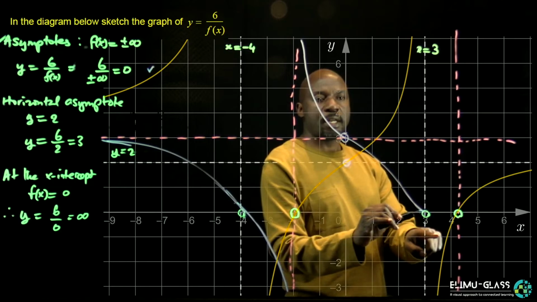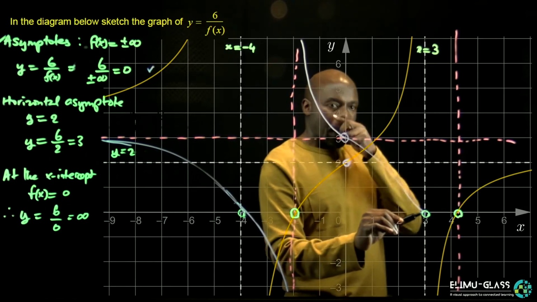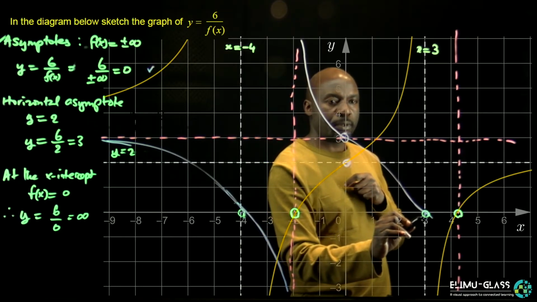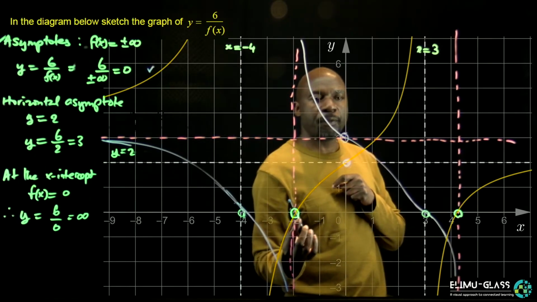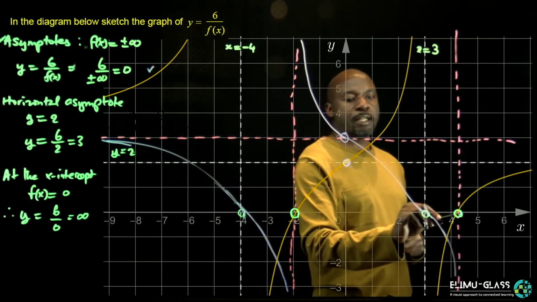As you can see, the value of the function is negative beyond this point. So I expect this to go below. Same thing that happened earlier, right?